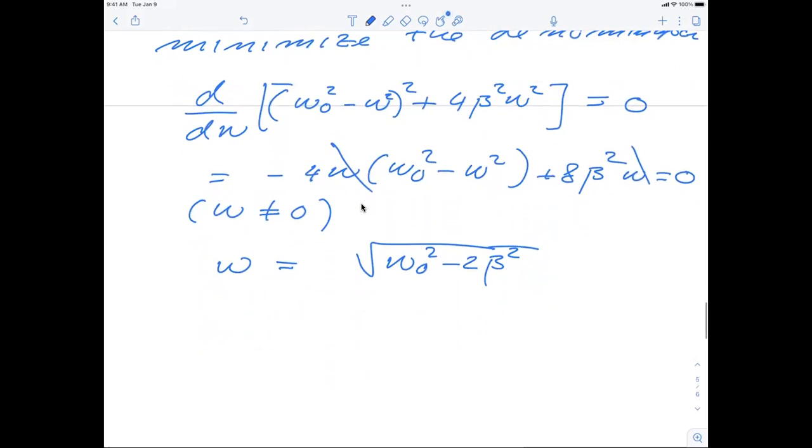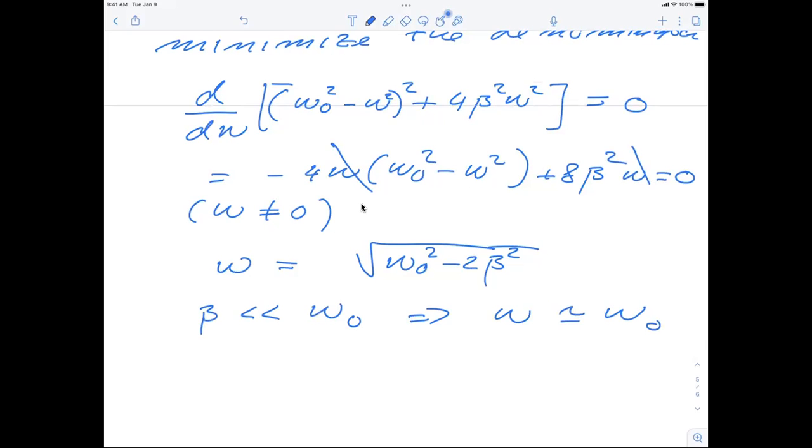And if we now look at the value of beta, which we have assumed to be much smaller than omega 0, that often means there is not much difference between omega and omega 0. So that's not an uncommon situation for the maximum frequency.